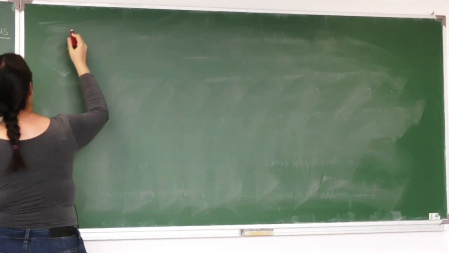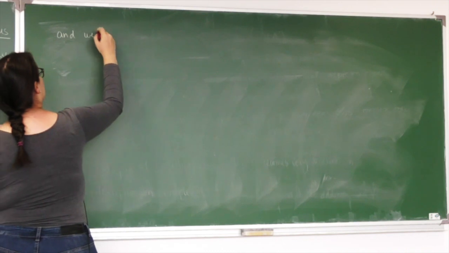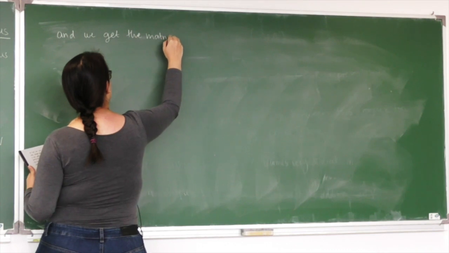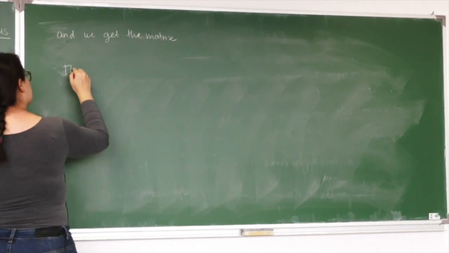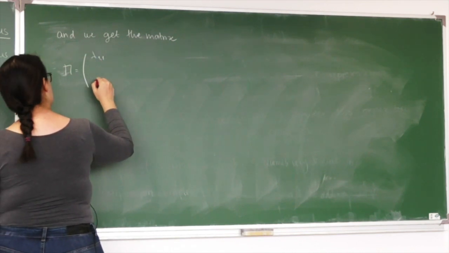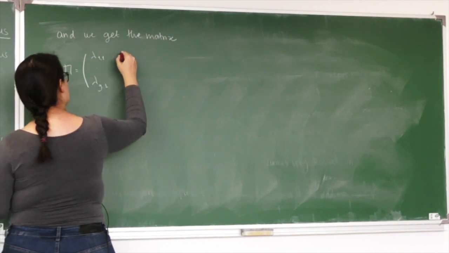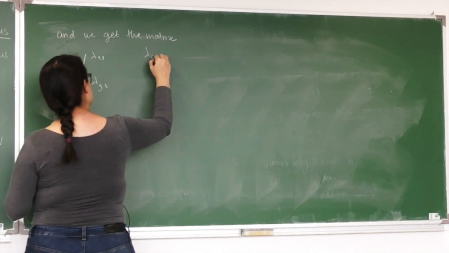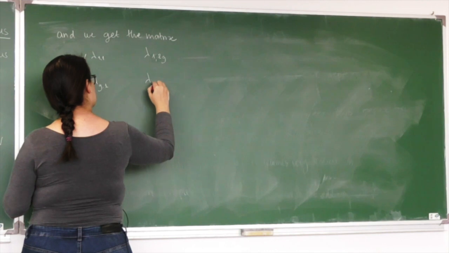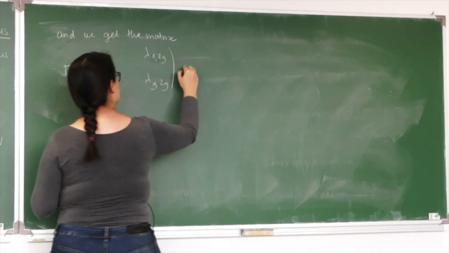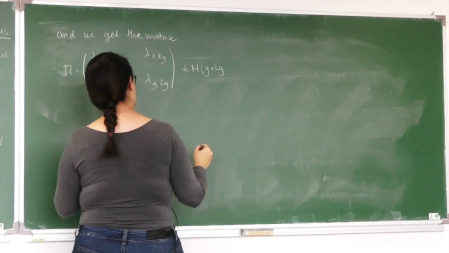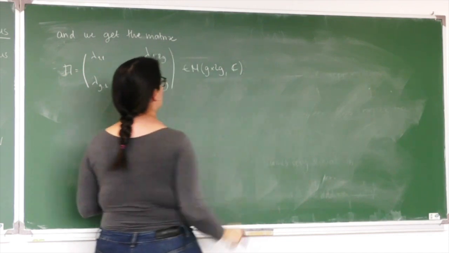We obtain the matrix with entries lambda_11 through lambda_g1, up to lambda_1,2g through lambda_g,2g, which, as I was saying, is a matrix with g rows and 2g columns with coefficients over the complex numbers.